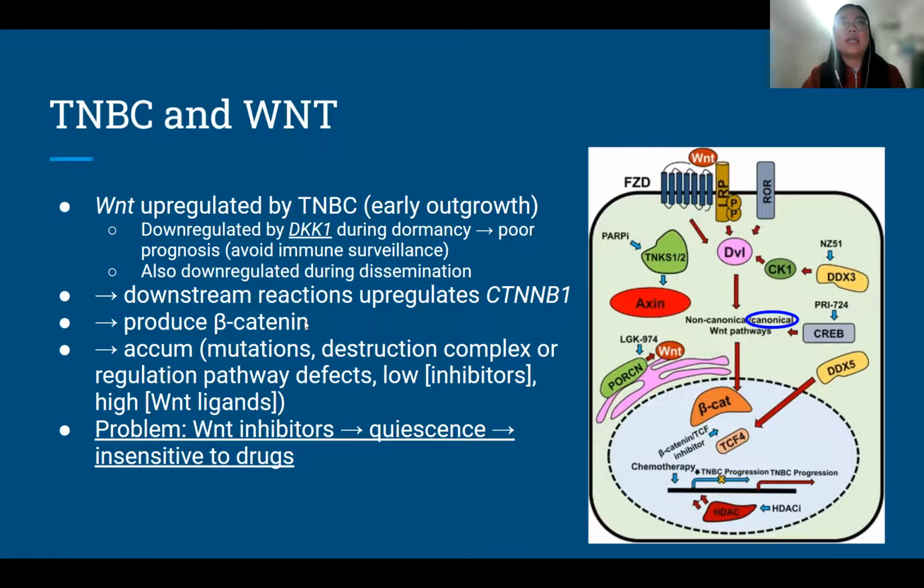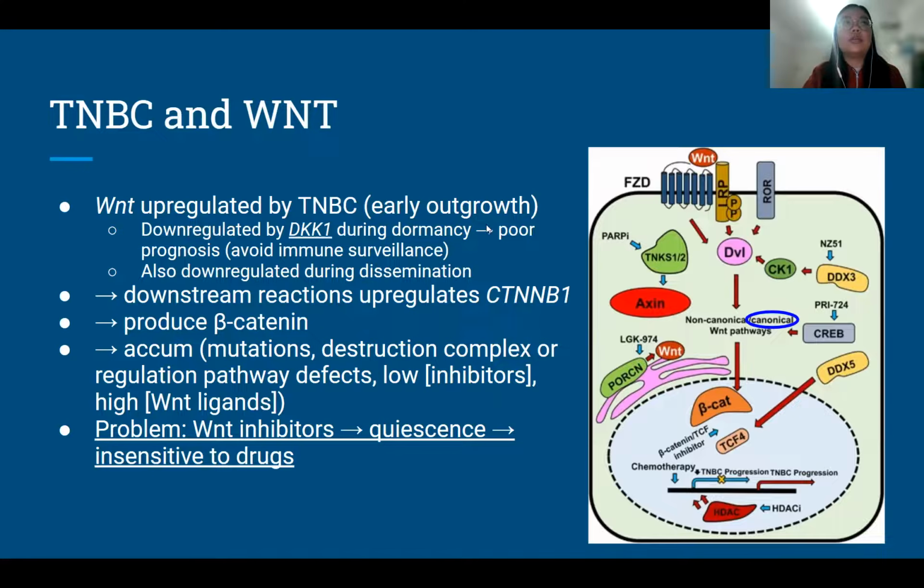These beta-catenins will accumulate in the cell, and by that time we can already diagnose the cancer because there's a lot of beta-catenin, but it will also lead to a lot of adverse effects.